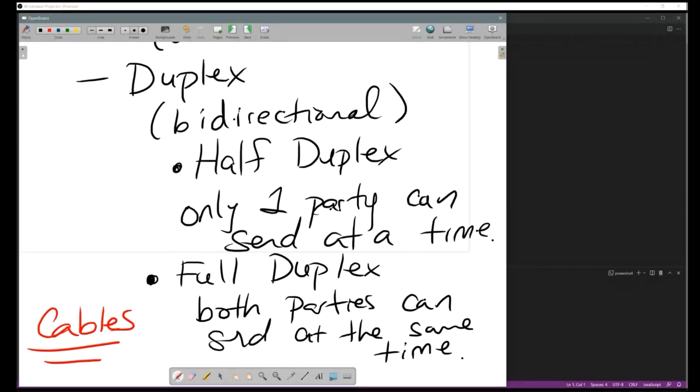But we'll see that even though cables operate in full duplex mode, there are ways to degrade a connection to half duplex.